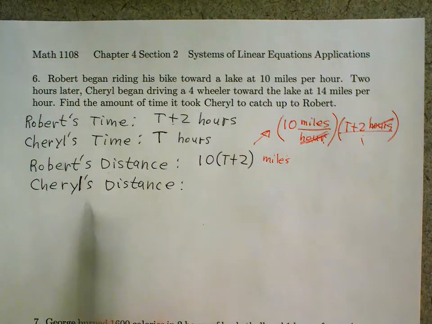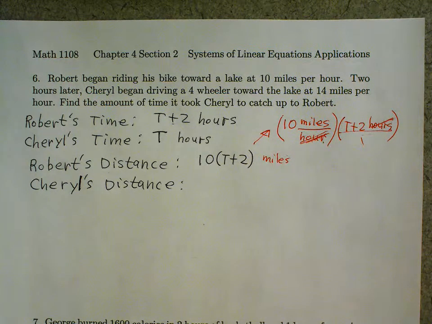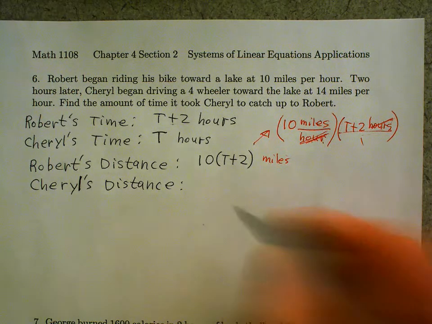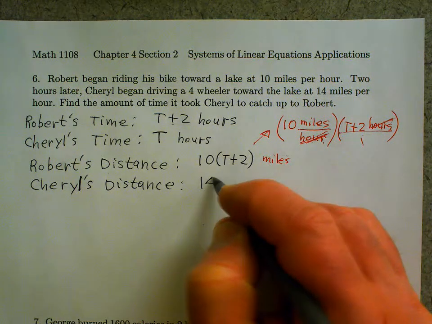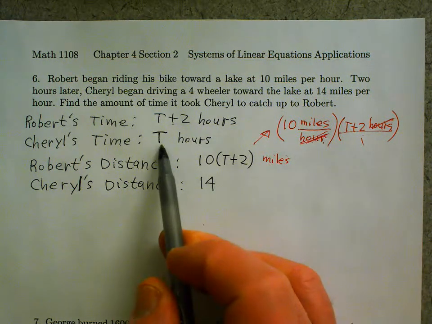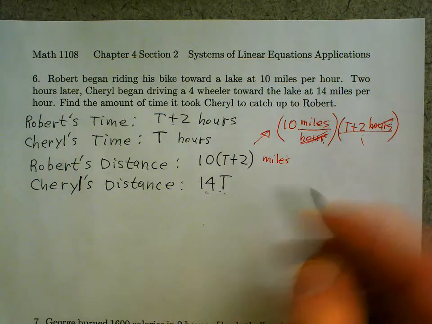Okay, Cheryl's distance. How do we represent Cheryl's distance? Cheryl's distance is also Cheryl's rate times Cheryl's time. 14 times T. Cheryl's rate is 14 miles per hour, and in T hours, 14 times T miles.